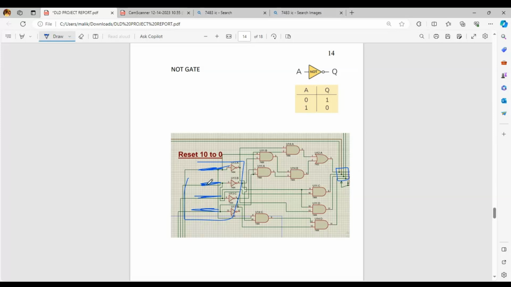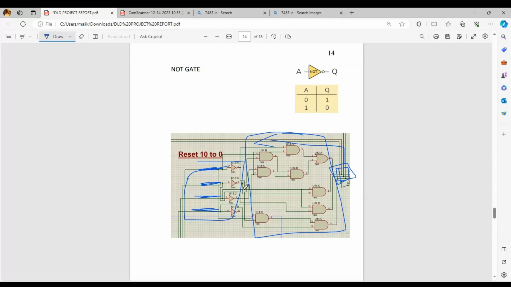But as the 10 arrives at this position, this combinational circuit, according to the methodology and working we have made, makes these outputs zero again, and the cycle repeats itself from 0 to 9, and these outputs are again given back to the flip flops.